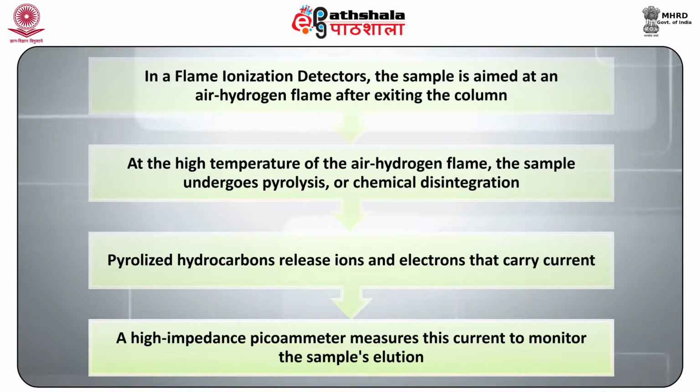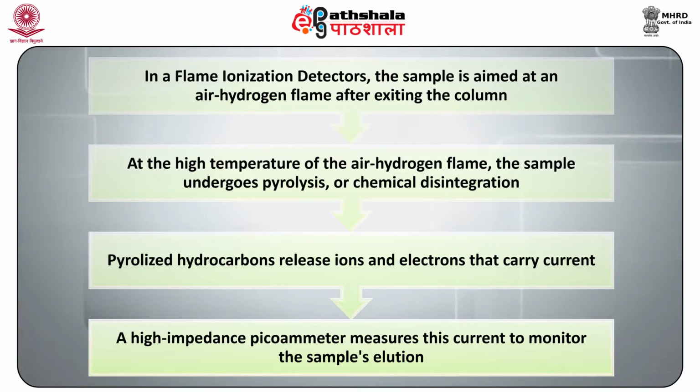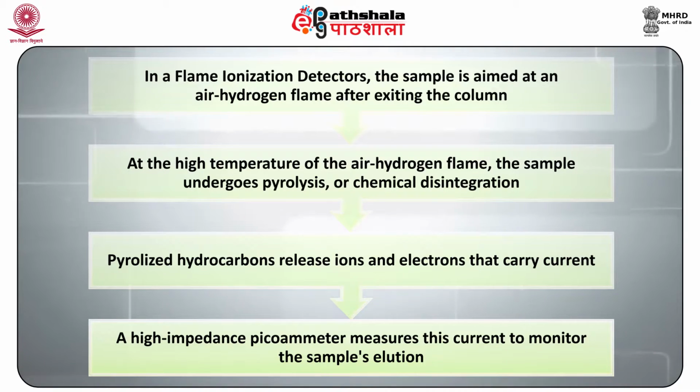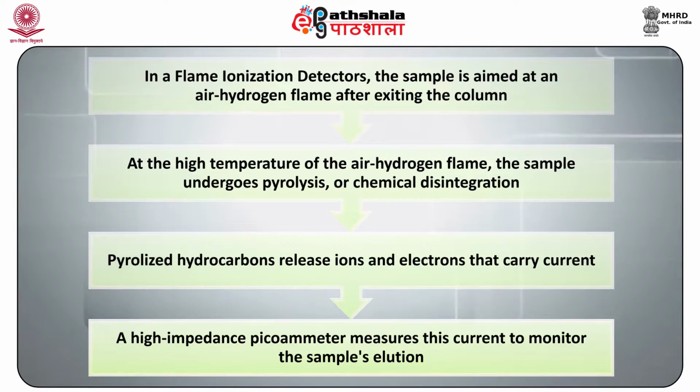In a FID, the sample is aimed at an air hydrogen flame after exiting the column. At such a high temperature of air hydrogen flame, the sample undergoes pyrolysis or chemical disintegration. Pyrolyzed hydrocarbons release ions and electrons that carry current. The high impedance pico ammeter measures this current to monitor the sample elution.